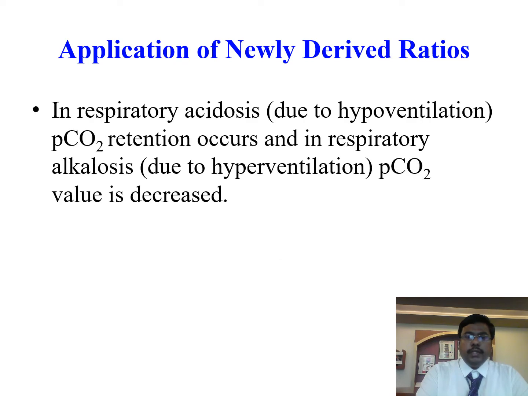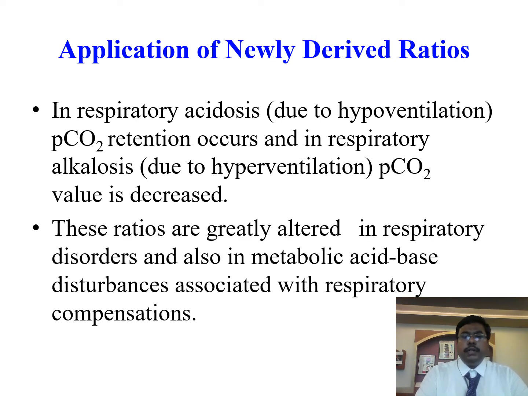So, application of these newly derived ratios: in respiratory acidosis due to hypoventilation, PCO2 retention occurs, and in respiratory alkalosis due to hyperventilation, PCO2 value is decreased. These ratios are greatly altered in respiratory disorders and also in metabolic acid-base disturbances associated with respiratory compensations.